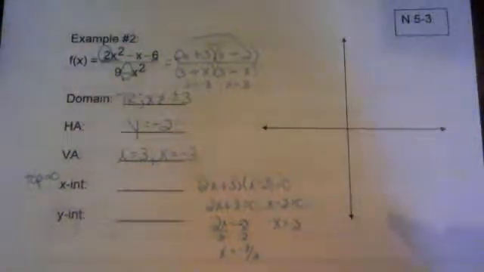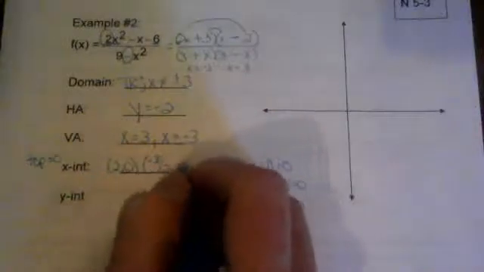Here I get 2x equals negative 3. Divide by 2, x is negative 3/2. Here x is 2. So I have two x-intercepts, one at (2, 0) and one at (negative 3/2, 0).